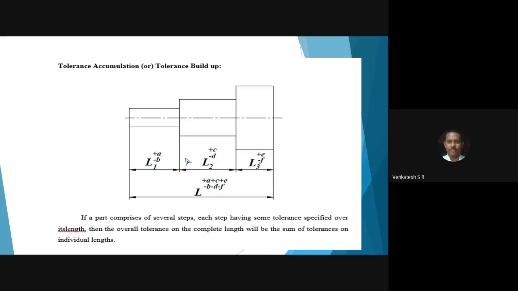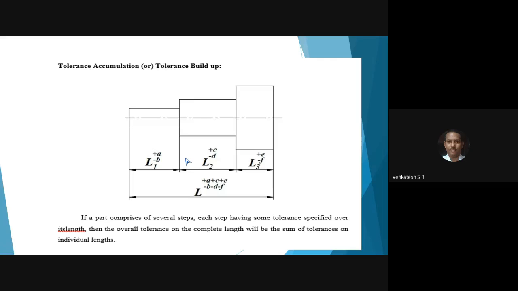Consider the dimension L1 with plus A and minus B, that is bilateral tolerance, upper limit plus A, lower limit minus B. If you add plus A and minus B to the dimension L1, that becomes the lower limit and upper limit of the dimension. Then for dimension L2, the upper limit is plus C and the lower limit is minus D. Adding these to L2, you will get the dimension.